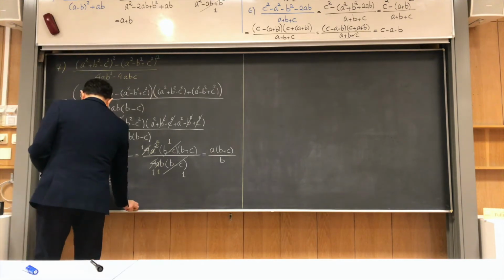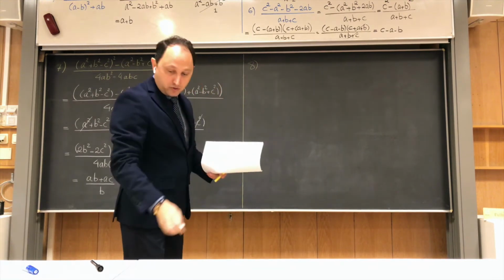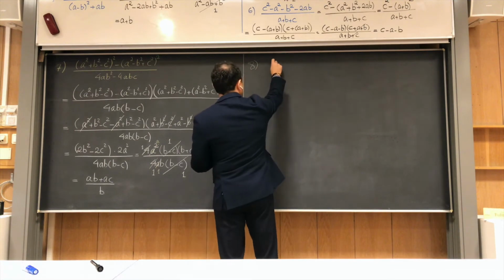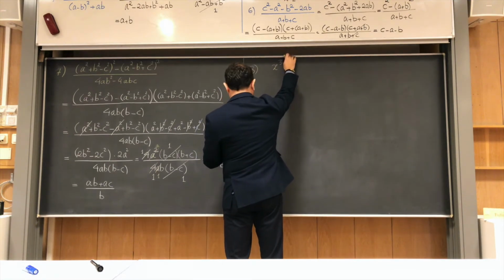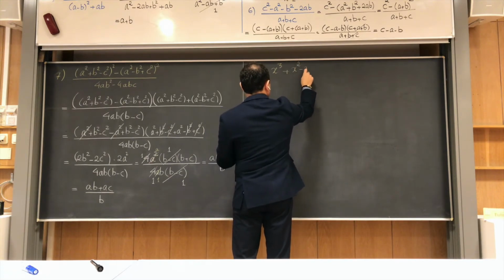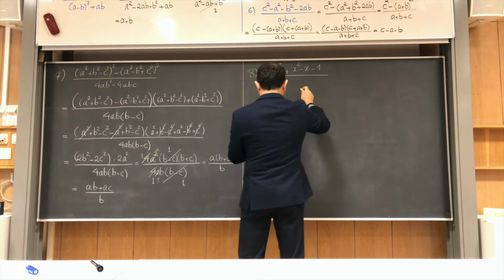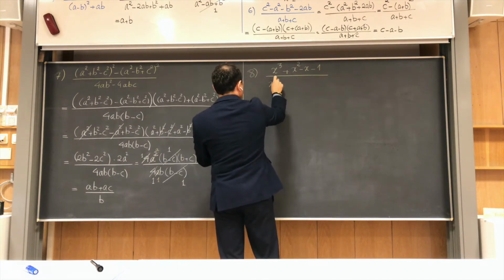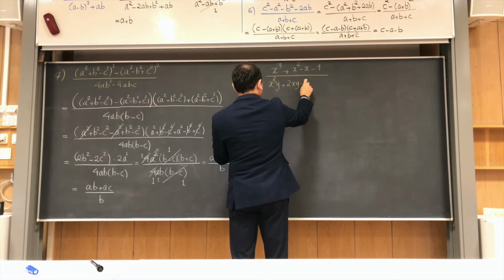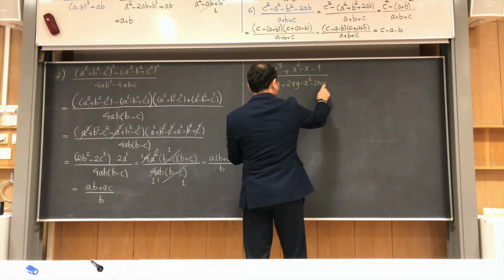Let me do number 8. I am supposed to simplify this expression. x to the 3 plus x to the 2 minus x minus 1 divided by x squared y plus 2xy minus x squared minus 2x plus y minus 1.